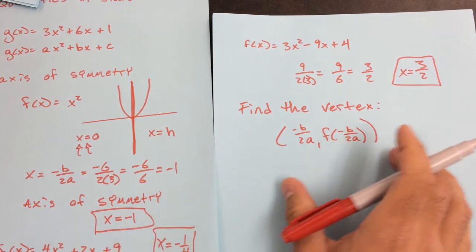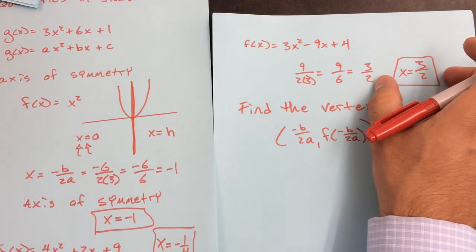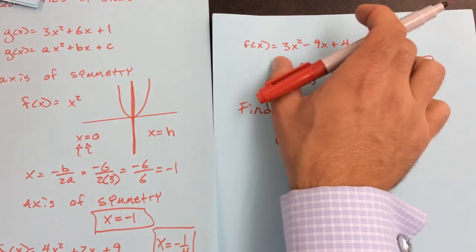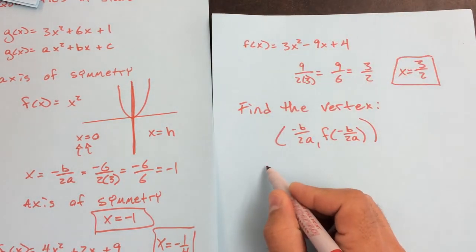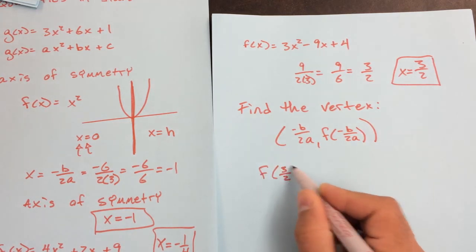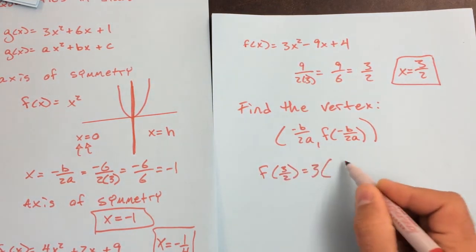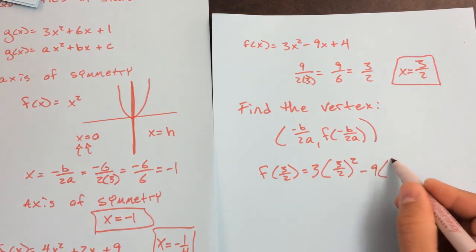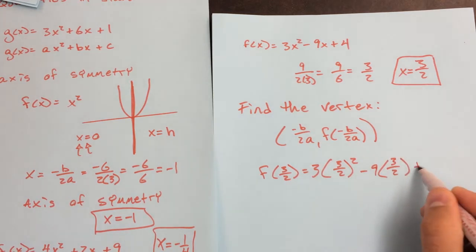So I'm going to take the h value that I just found and plug it into the equation. I'm going to say f of 3 over 2 equals 3 times 3 over 2 squared minus 9 times 3 over 2 plus 4.